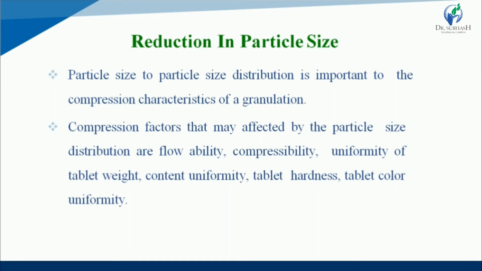So which types of factors are affected by particle size distribution? Flow property. Second, compression characteristic. Next, uniformity of tablet content and tablet hardness. Last one is tablet color uniformity.